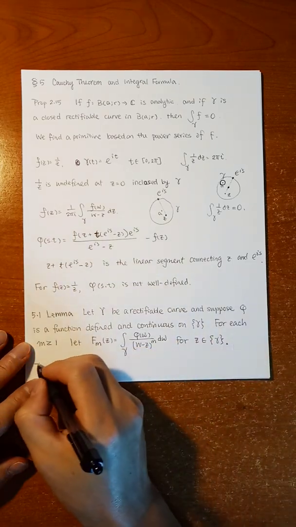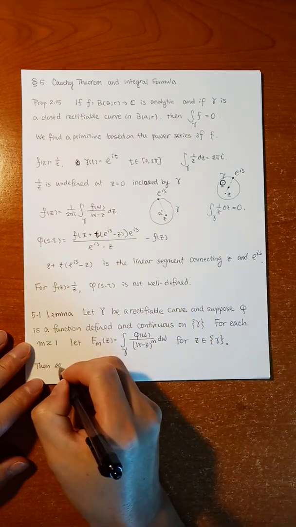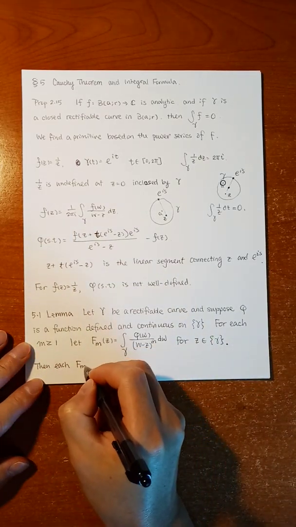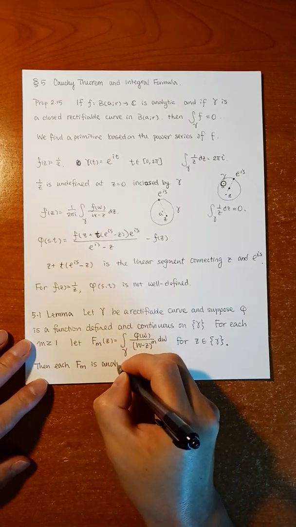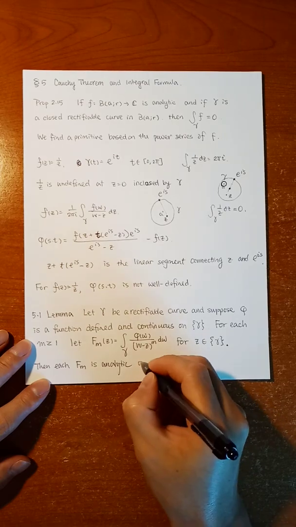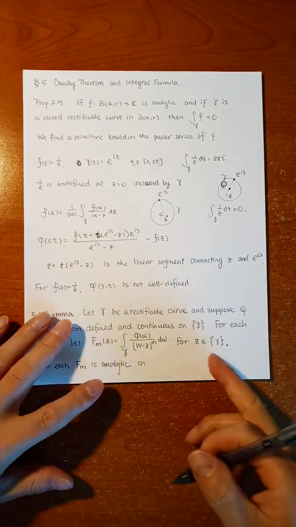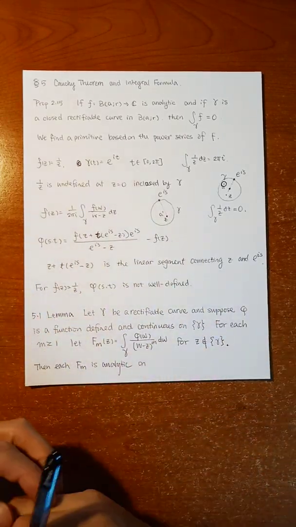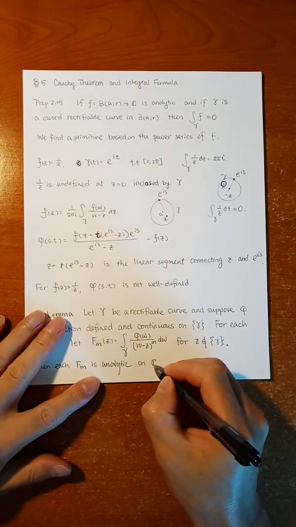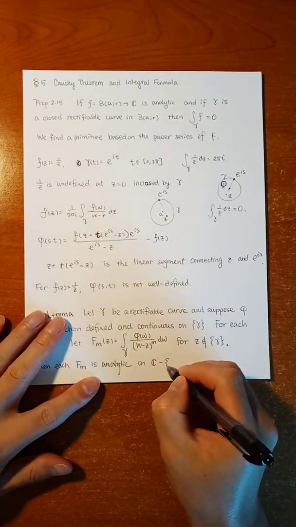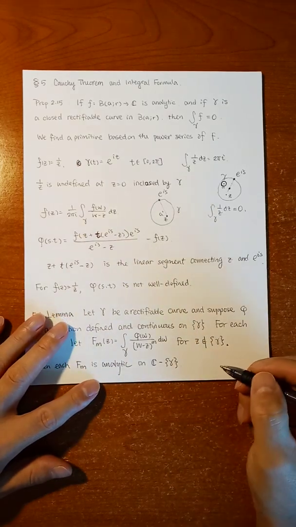Then the conclusion is that each F_m is analytic on its domain. What is the domain? Oh, sorry, everything not on the trace, so on C without the trace of gamma.